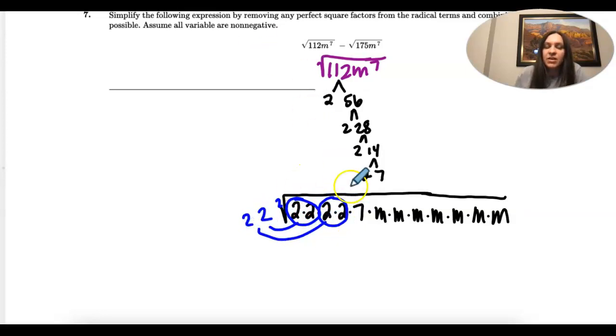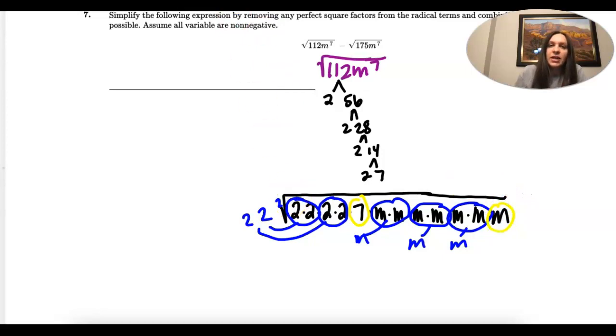And then this 7 does not have a group, so it's left over. Then a group of m's and bring an m out. I'm not going to bring it all the way over, but you know what I mean. The group of m's, bring it out. The group of m's, bring it out. And then this m is left over.